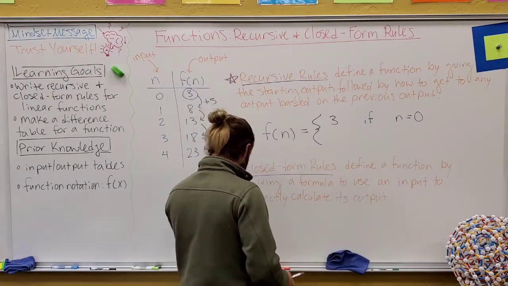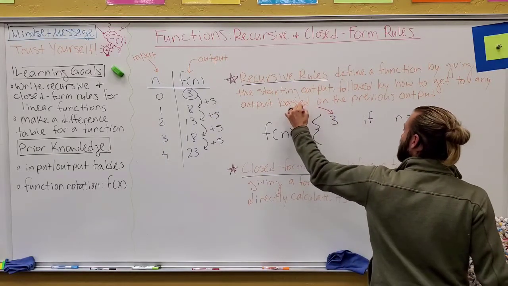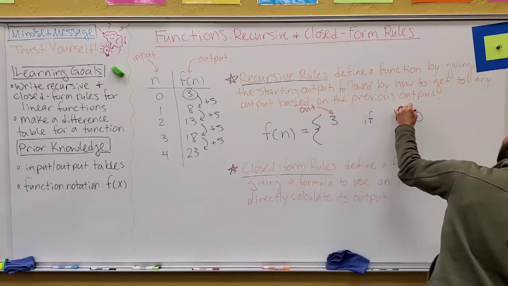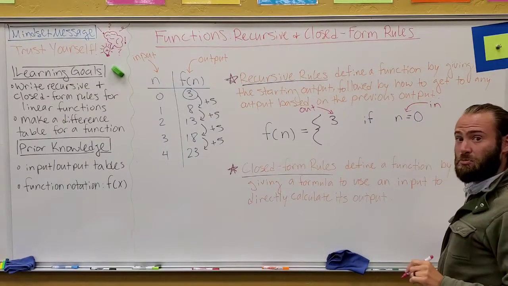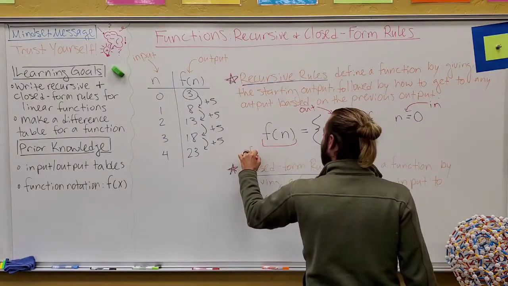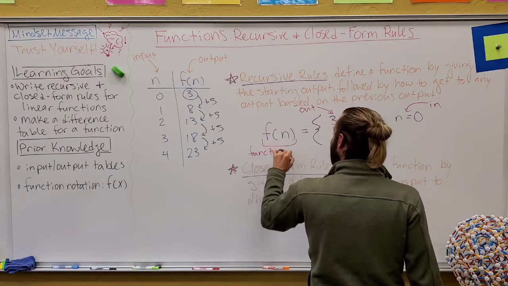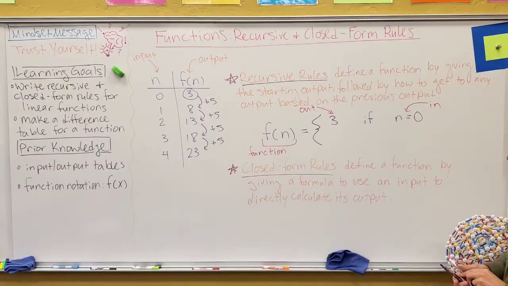In my experience, it's helpful to point out to students that this is talking about the output, this right here is talking about the input, and this here is just the function name, describing what the rule is for the function.